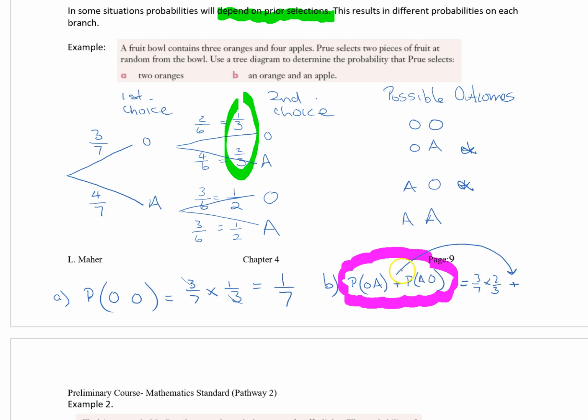The probability first of an apple was 4 in 7, followed by an orange, which is a half. So that becomes, those 3's cancel out. We've got 2 in 7, and 2 into 4 is 2, which is 2 in 7. So the probability of getting an apple and an orange is 4 in 7.